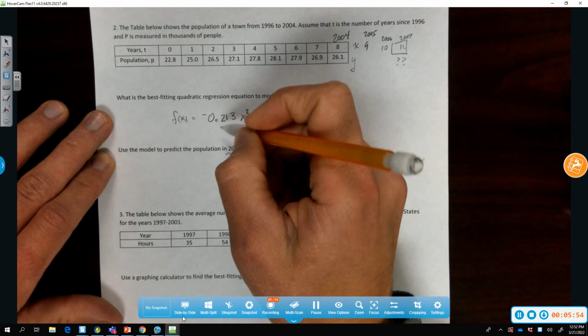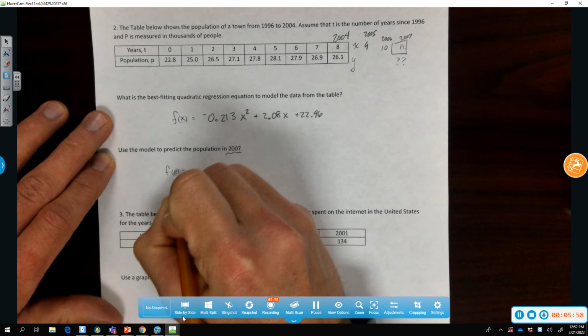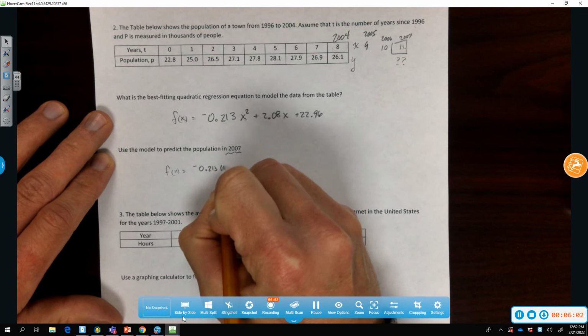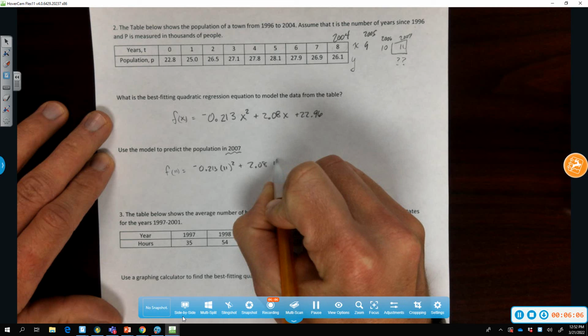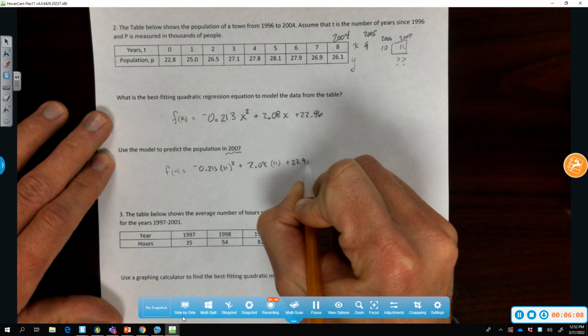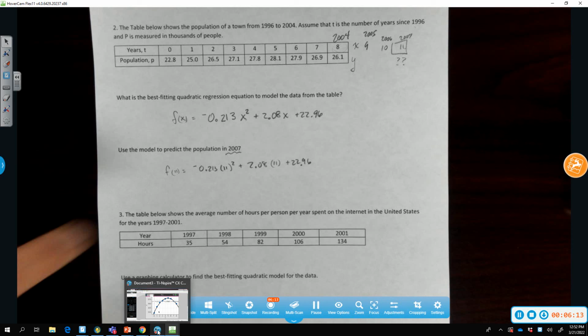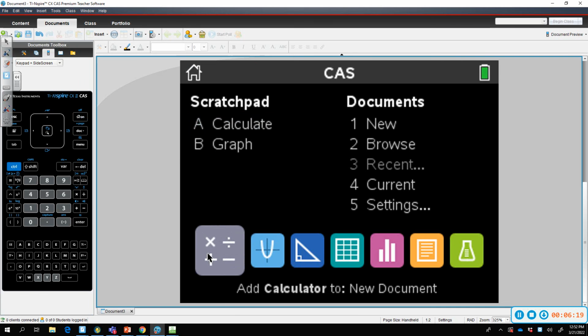Well, all I'm going to do is plug in 11 for x. So I've got f of 11, or the y value, is equal to negative 0.213 times 11 squared plus 2.08 times 11 plus 22.96. All right, so again, let's open up our calculator, and we're going to put this into our calculator. So let's calculate.